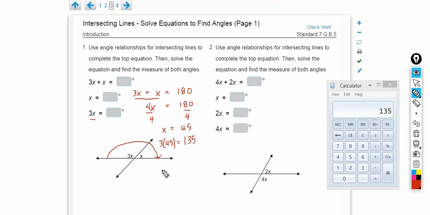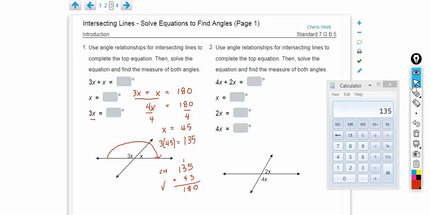Alright, then we can check that, and if we do 135 plus 45, 5 and 5 is 10, carry the 1, 7 plus 1 is 8, equals 180, so that checks out.